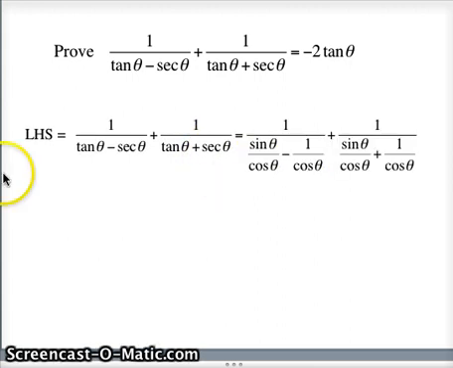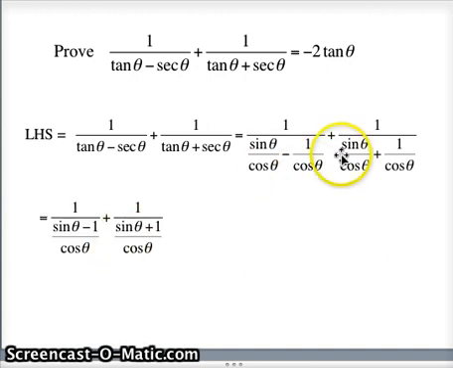Now this is a little challenging because I have fractions over fractions. But just kind of ignoring the top for now, what can we do with the bottom for us to understand this? We recognize you have a common denominator here of cos theta. So I can rewrite this as sine theta minus 1 over cos theta for this first piece.